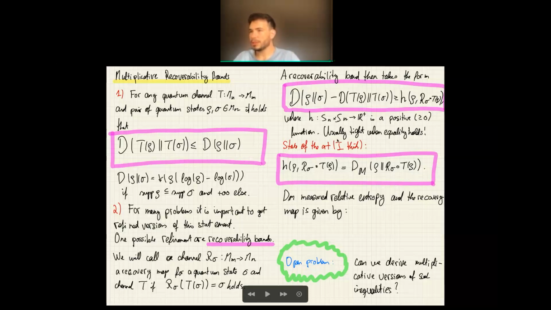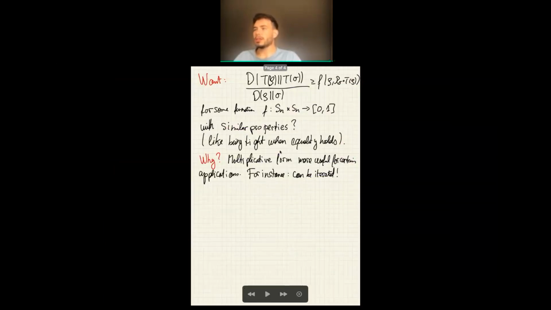But yeah, of course these results are very nice, but I was wondering if one can also derive multiplicative versions of these inequalities. By that, I mean that instead of looking at the difference between these two relative entropies, one actually considers their ratio.